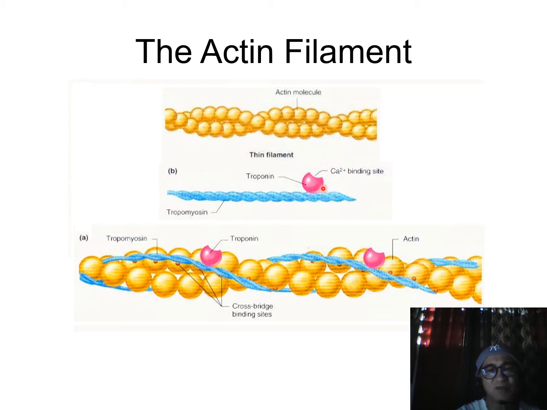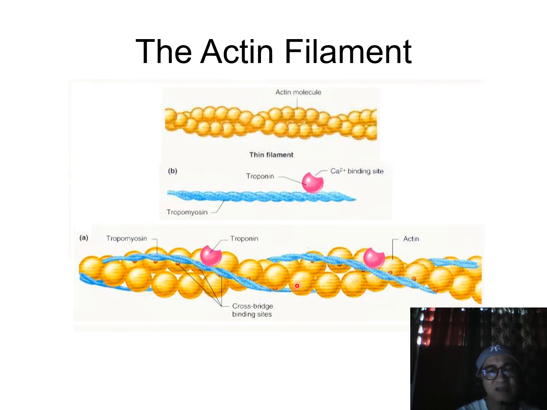And then the third part of the actin filament is globular proteins called troponin that has a binding site for calcium. The globular actin molecules that form the main body of the actin filament also have binding sites.